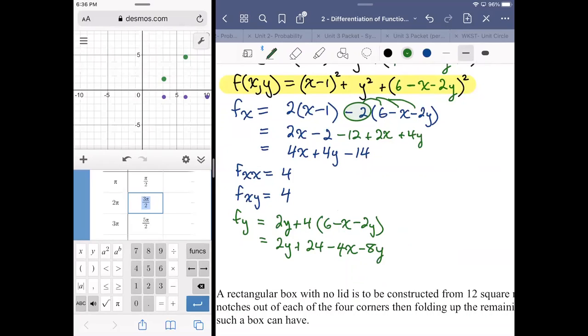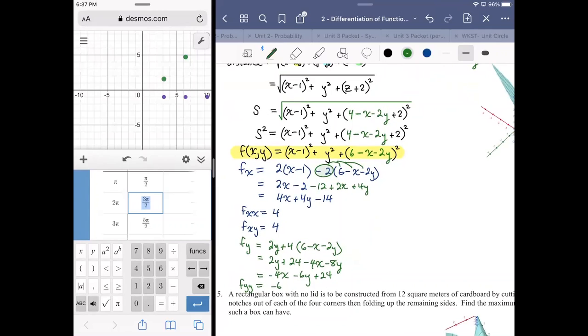Combine like terms. We're looking at negative 4x minus 6y plus 24. Now I can get my f sub yy, which is going to be a negative 6. All right, a fair amount of heavy lifting here, but it's still not as bad as the trig one, if you're keeping score on that sort of thing.